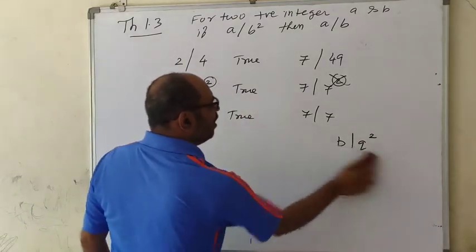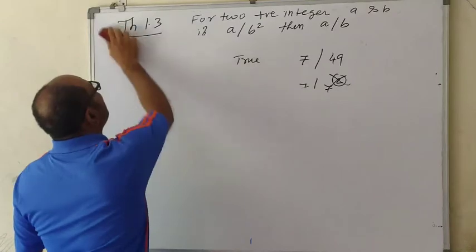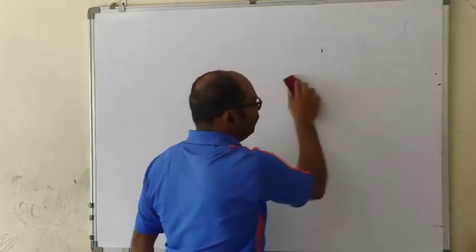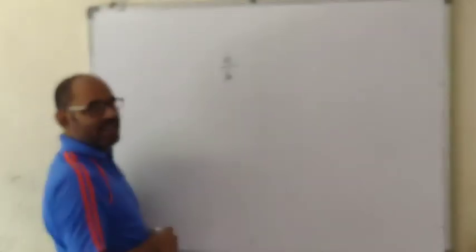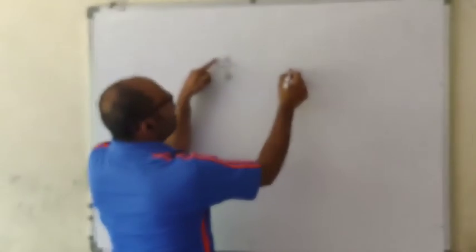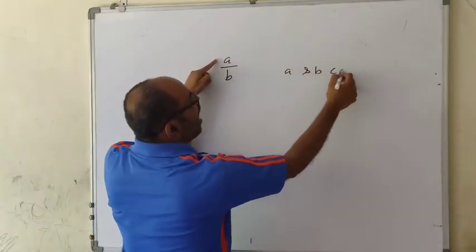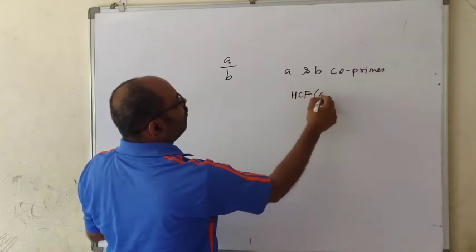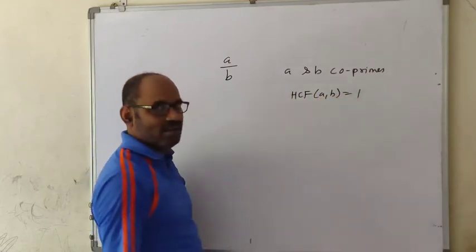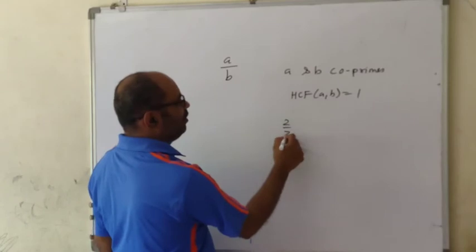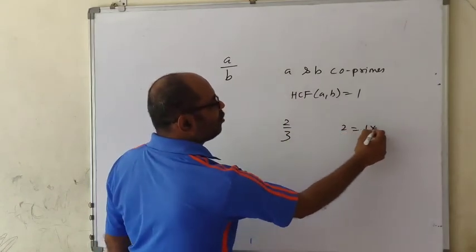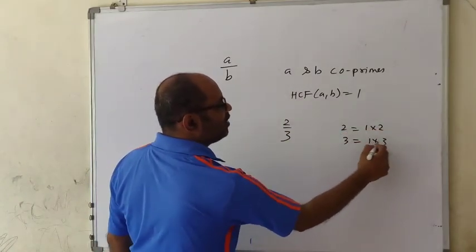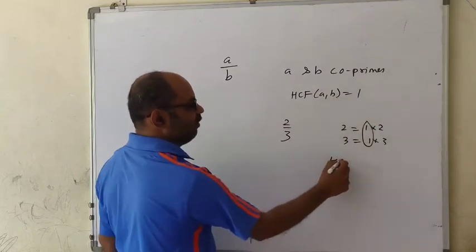Okay. Last but not the least, pre-preparation. Any rational number is represented in which form? a upon b, where a and b are co-primes. Means what? HCF of a and b is 1. Take 2 upon 3. What is the HCF of 2 and 3?